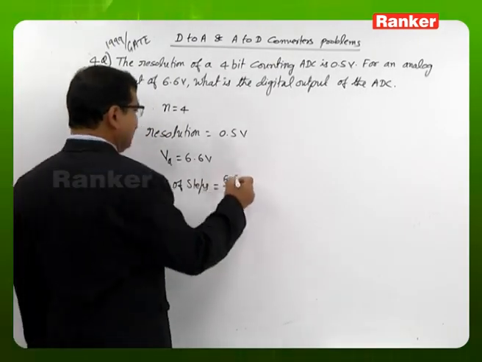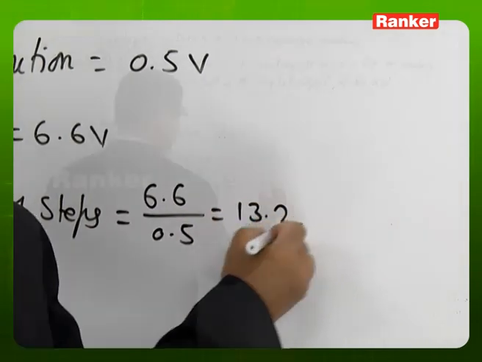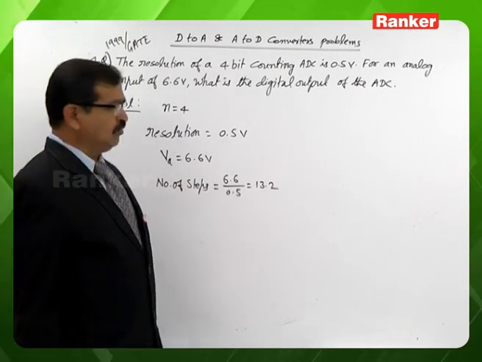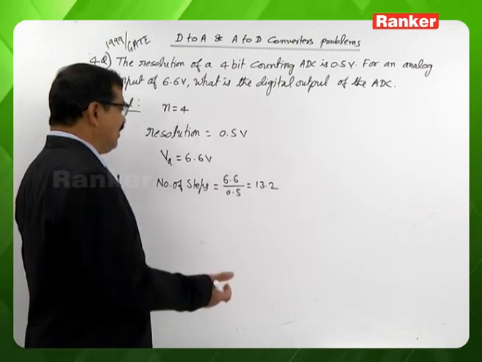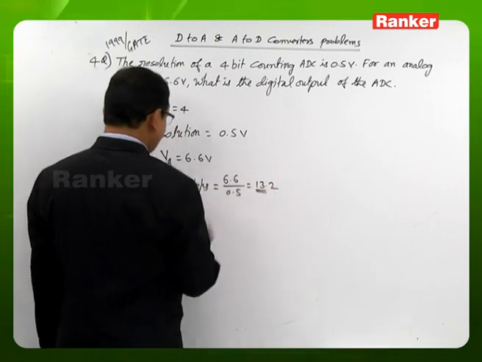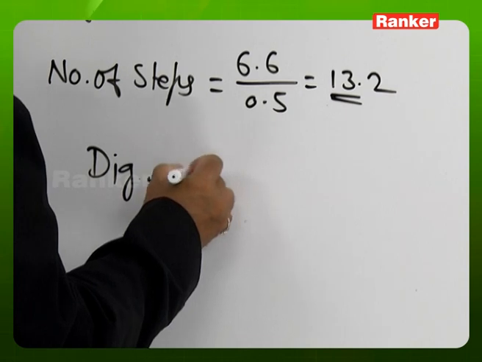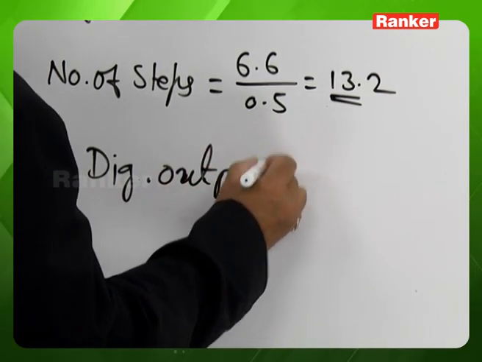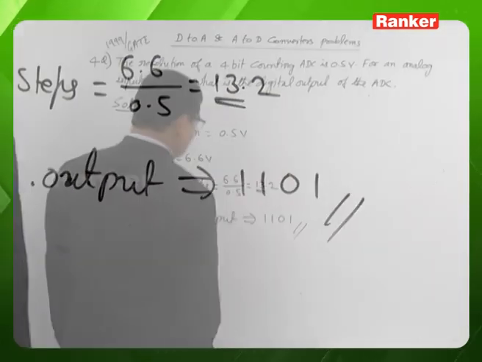It is coming to be 13.2. We are looking at the readout only in integer form. So the readout will correspond to the decimal 13. Hence the digital output will be 1101. It is the answer.